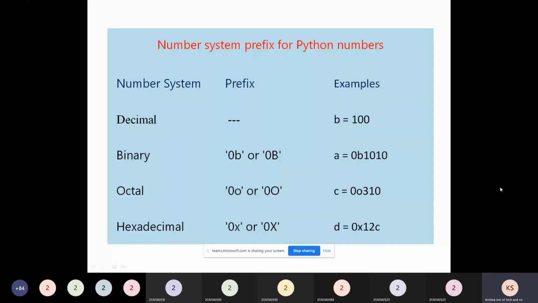See this one, number system having decimal. First is the decimal, and decimal has no prefix, so directly you can assign the value b equal to 100. And next one, binary, which is in the form of base 2, and the prefixes used are 0b or 0 capital B. So you see here, how can you assign a binary value?